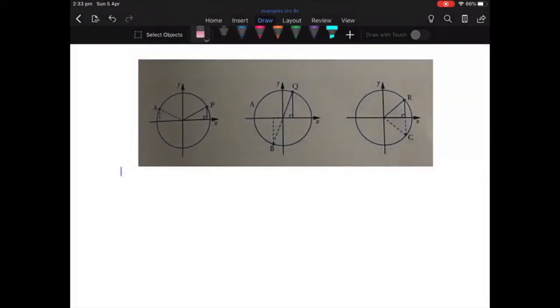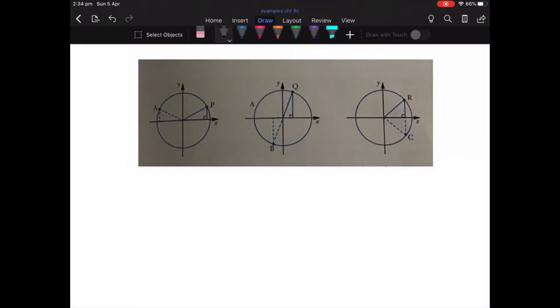Having a look at this diagram on page 171, what you can see is the right-angled triangle made with the x-axis can be redrawn in the first quadrant as shown.